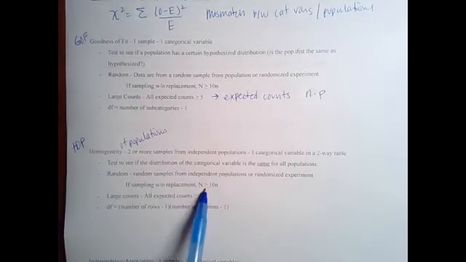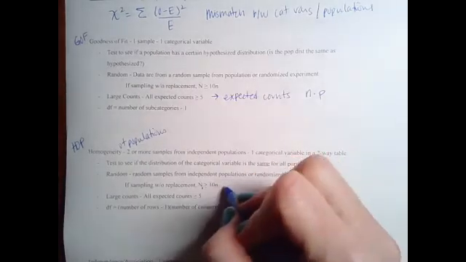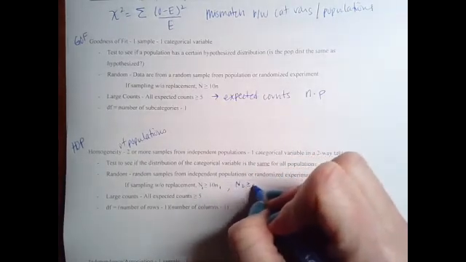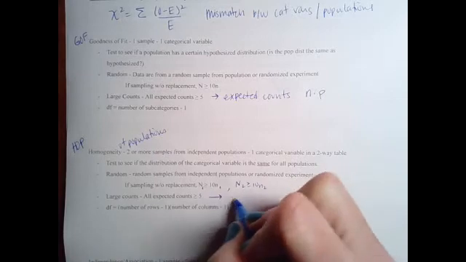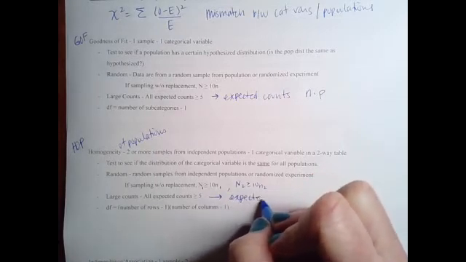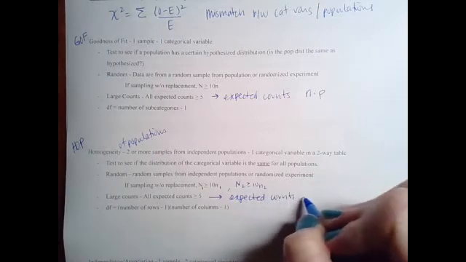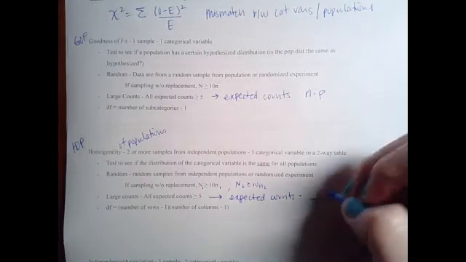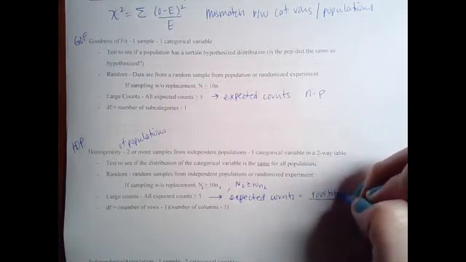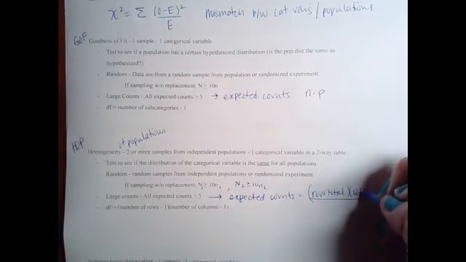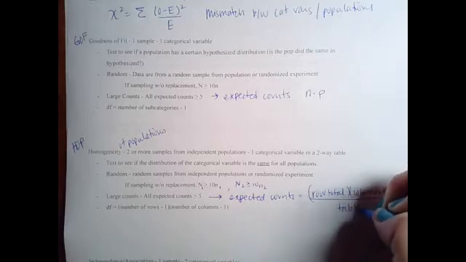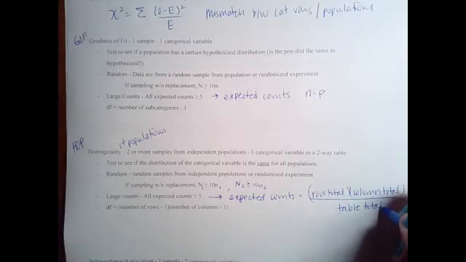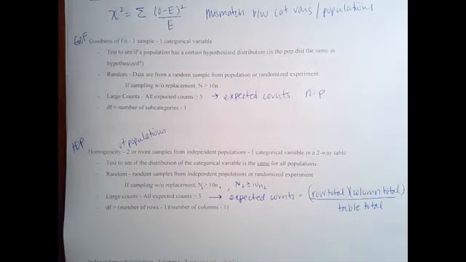If you're sampling without replacement, you would need to check all sample sizes to be the appropriate size. And what's different here is how you calculate expected counts. Expected counts are calculated as the row total times the column total over the table total. And we'll do an example in just a second.